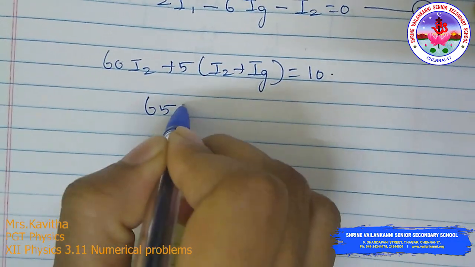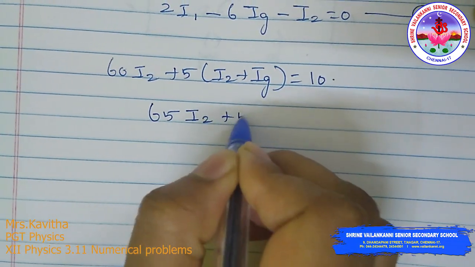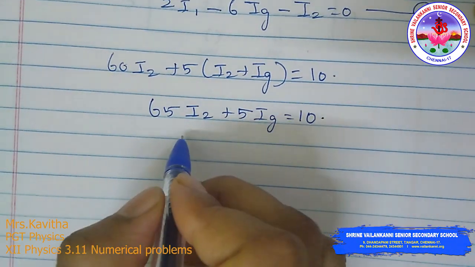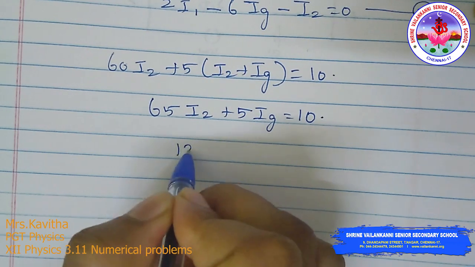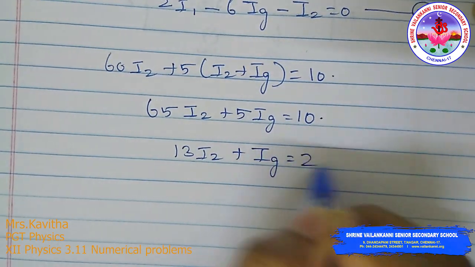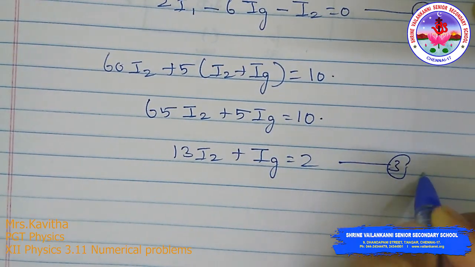We get 65 I2 plus 5 Ig equal to 10. By simplifying it, we get 13 I2 plus Ig equal to 2.